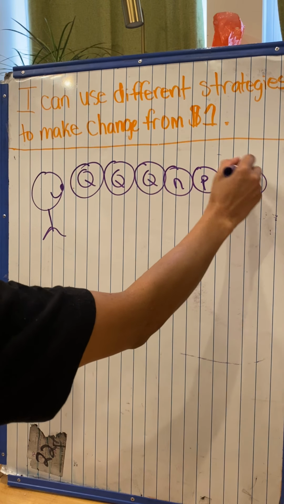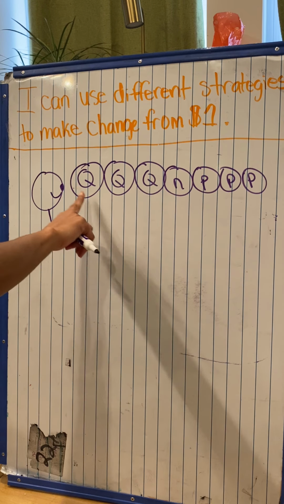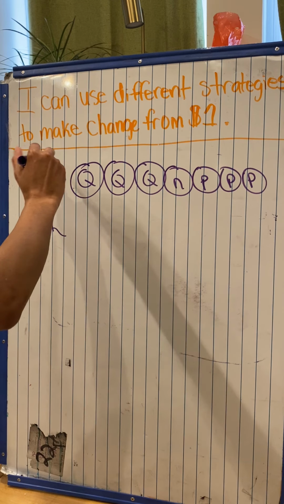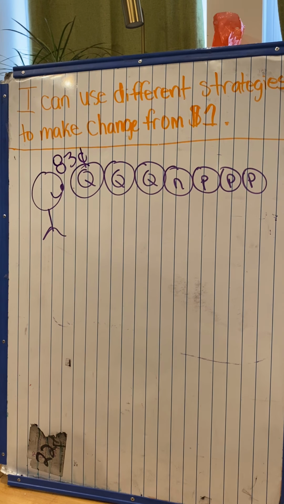How much money did I give Mally? Yep, I gave Mally 83 cents. 25, 50, 75, 80, 81, 82, 83. So I gave Mally 83 cents. Okay?